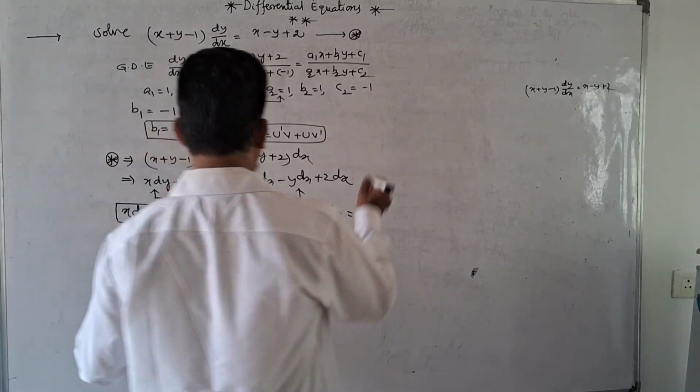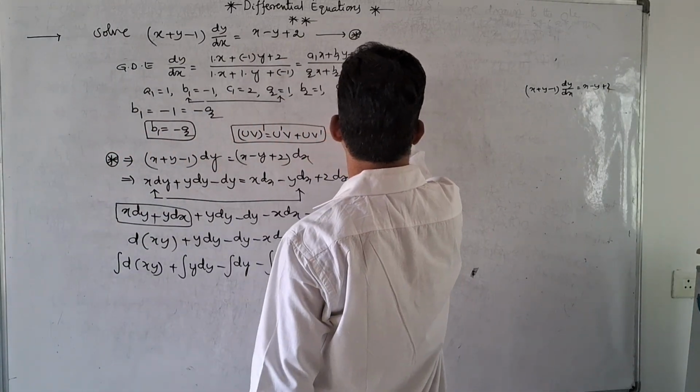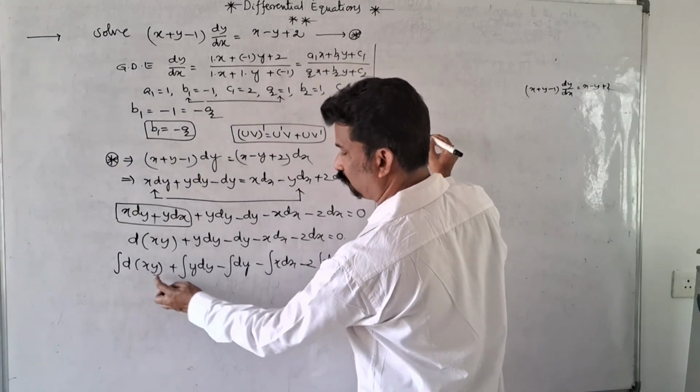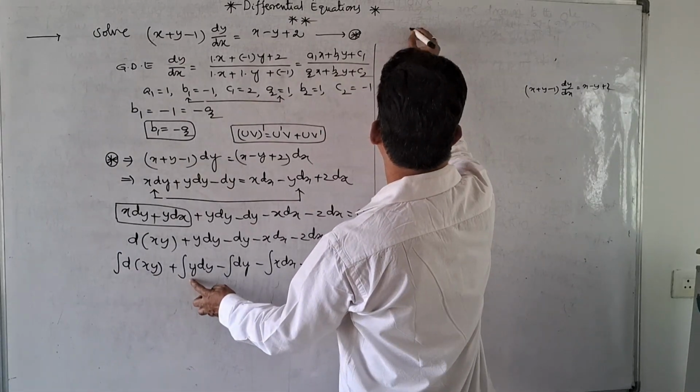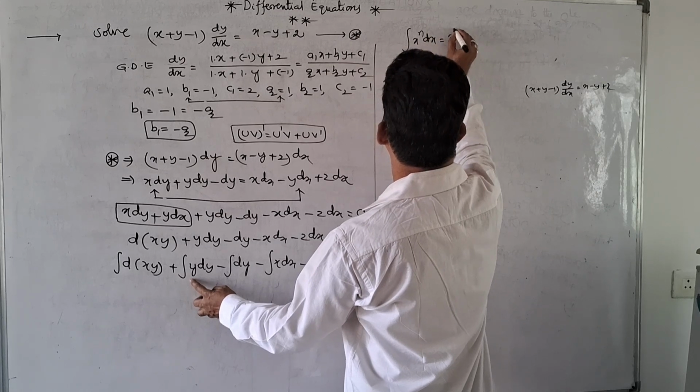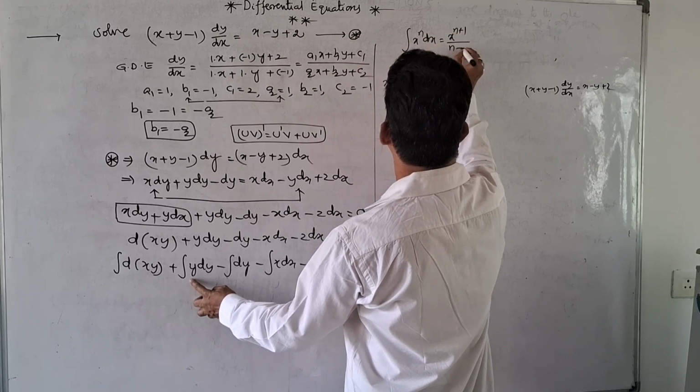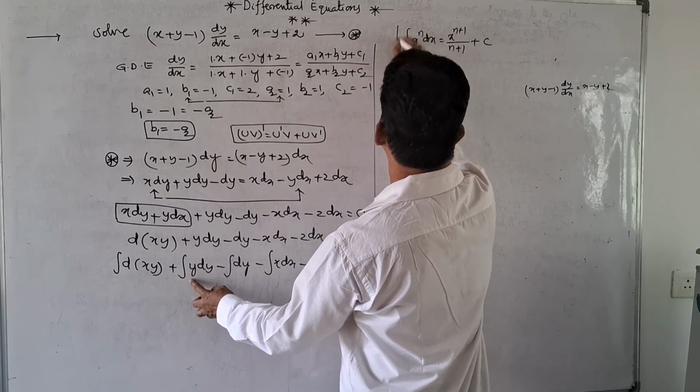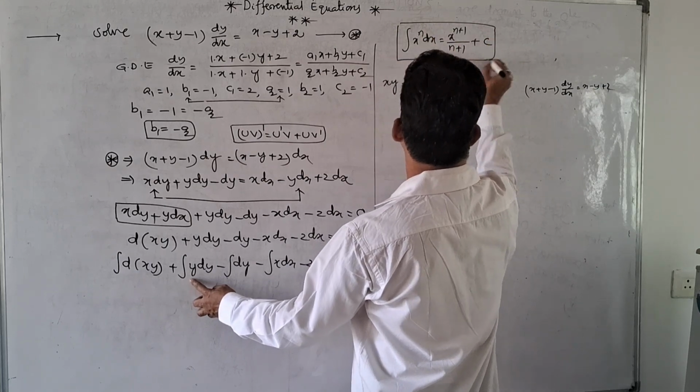So now, xy, plus, I told you, integration of x to the power n dx is equal to x to the power of n plus 1 by n plus 1 plus c. This is the formula, right?